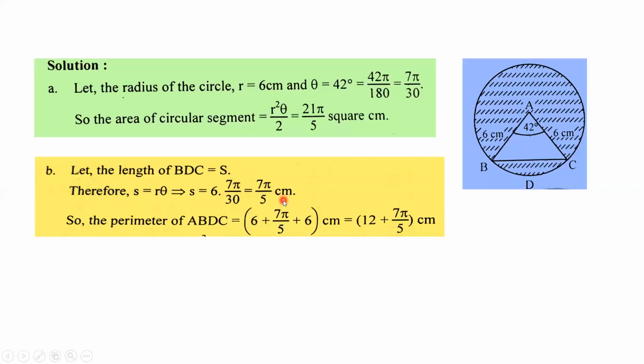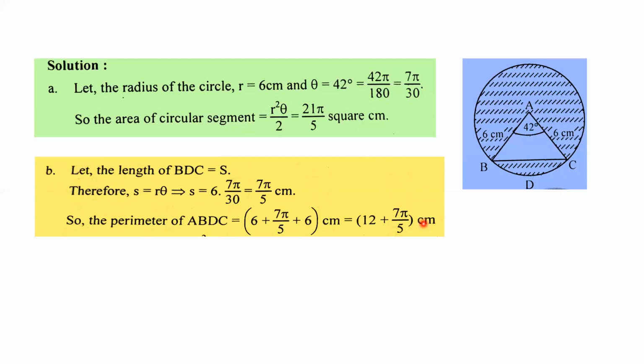Now the perimeter of ABDC. Here AB equals 6, AC equals 6, and we got BDC equal to 7 pi by 5. So the perimeter of ABDC equals 6 plus 7 pi by 5 plus 6 centimeters, that is 12 plus 7 pi by 5 centimeters. I think all of you understand this solution.